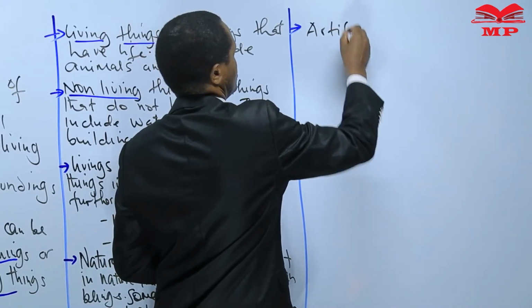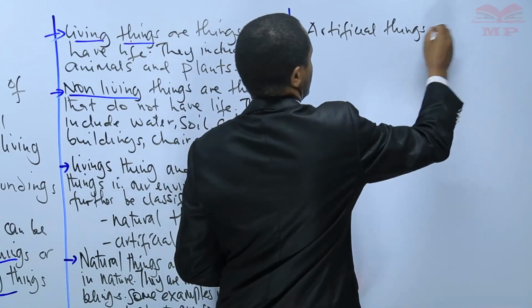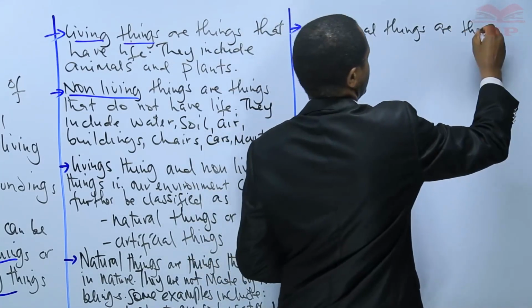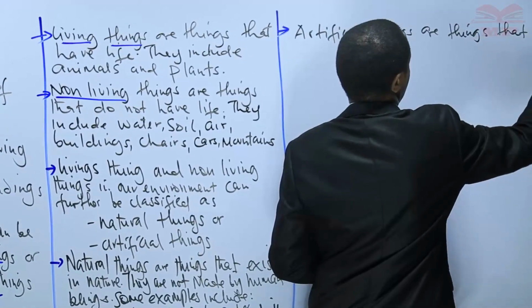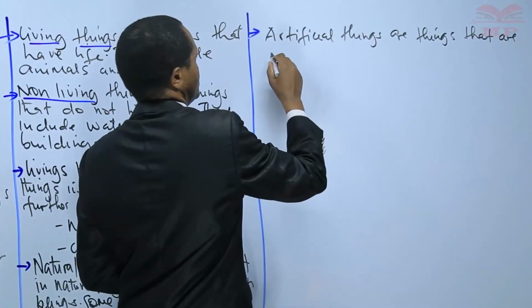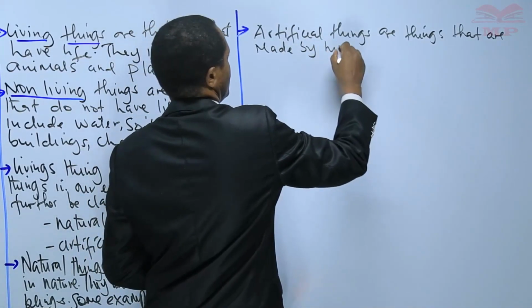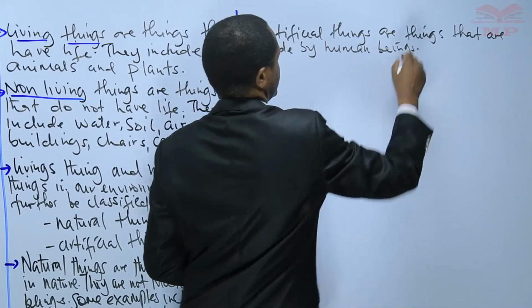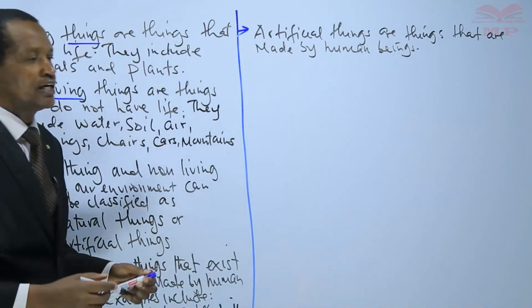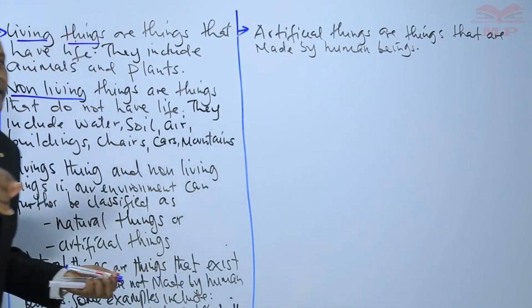Artificial things are things that are made by human beings. Artificial things are things that are made by human beings.